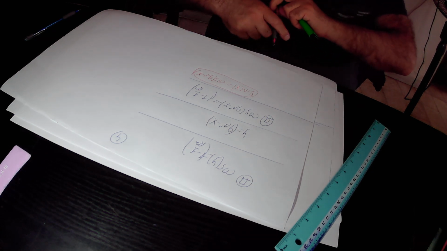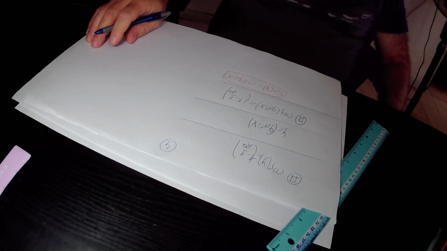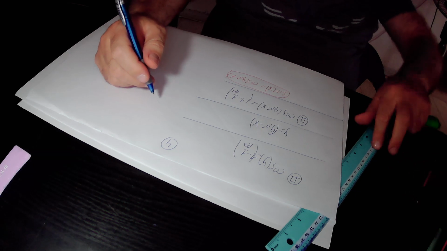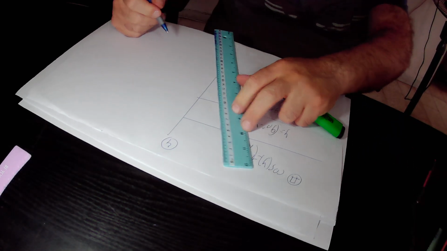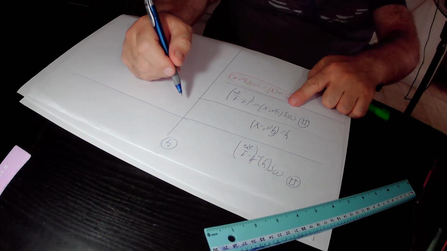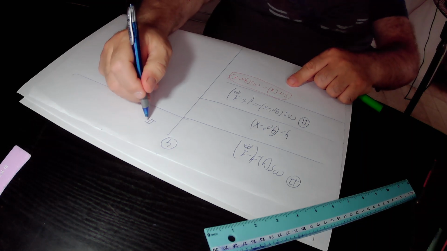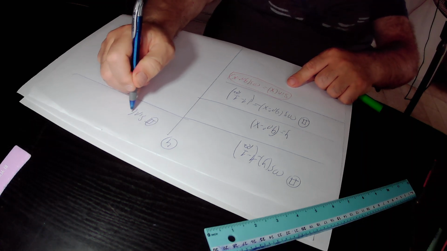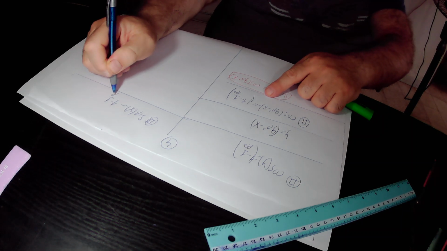We do it now, and we get that according to equation 2, cosine 90 degrees minus x is sine x, so sine x equals 1 minus 1 over r squared.